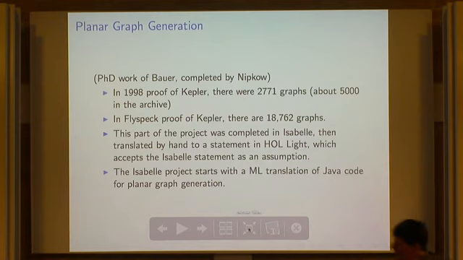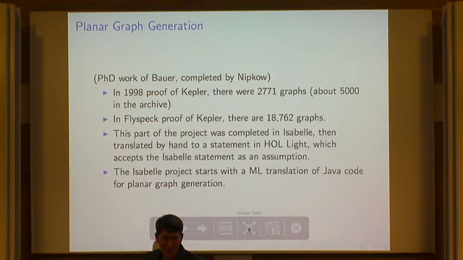In the Isabel proof, they take this part of the generation of planar graphs just as a black box. I have this piece of Java code that generates planar graphs, and that becomes the definition of what a planar graph is.